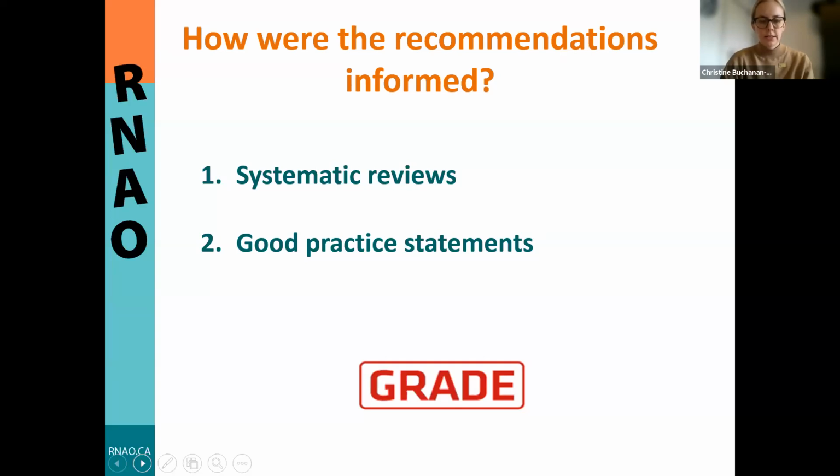The first is systematic reviews. We conducted systematic reviews on the 6 priority recommendation areas noted on the previous slide by Nancy: education, vascular access specialists, blood draws, a daily review of PVADs, visualization technologies, and pain management. To conduct the systematic review process, our RNAO BPG team works with a health science librarian to run the searches in multiple databases. 2 guideline development methodologists simultaneously screen thousands of articles and include relevant studies.